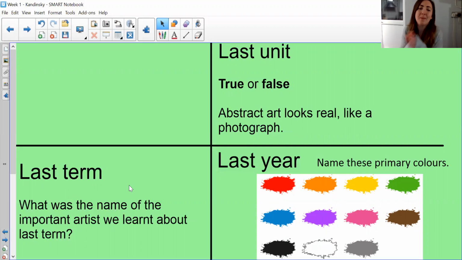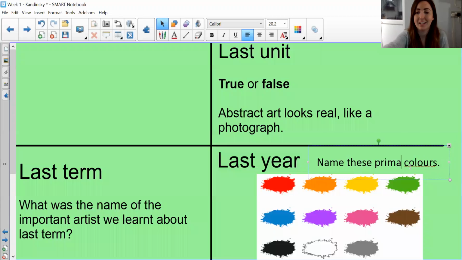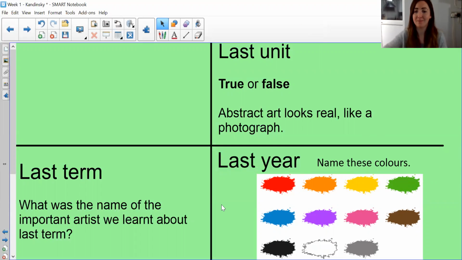What was the name of the important artist we learnt about last term? And finally, last year, name these colours.